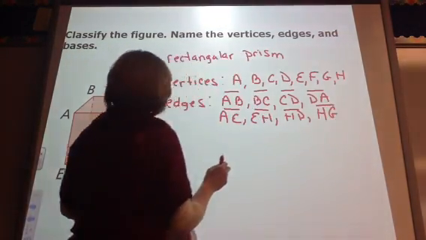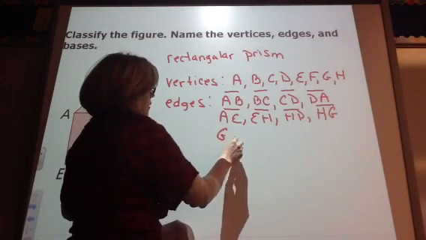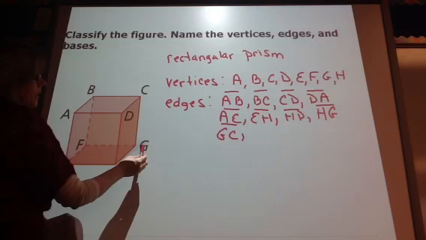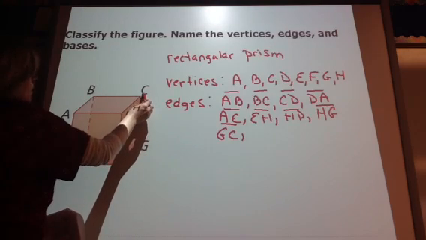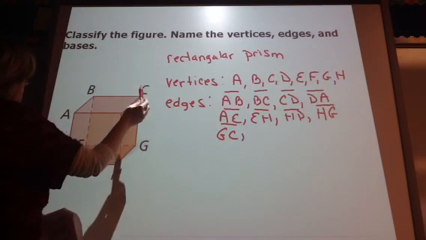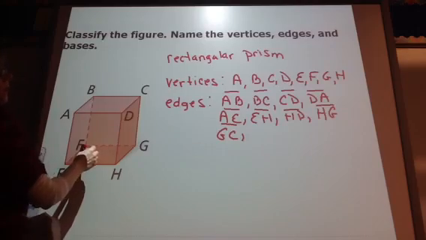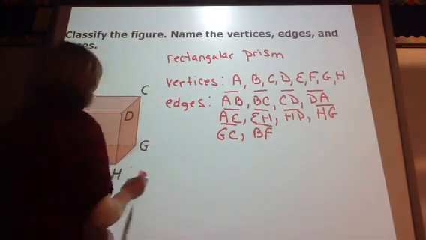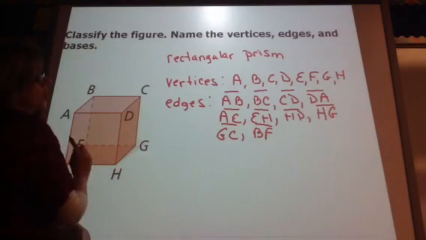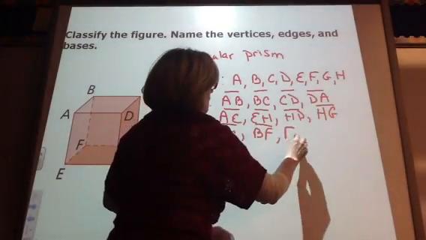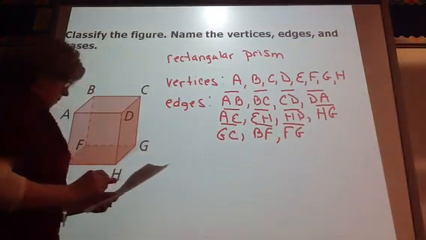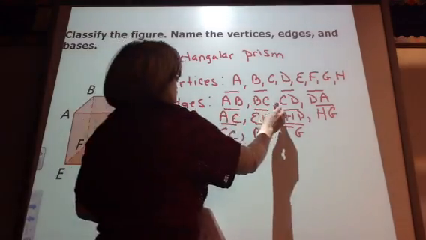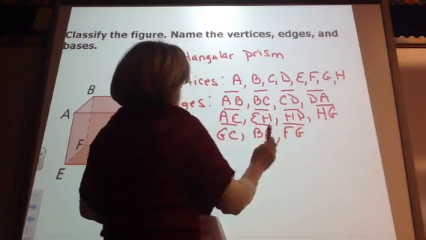HG and GC. And let's go to the back side. We have CG. We have CB. Do we have BF? No. And do we have FG? No. And we're missing one.